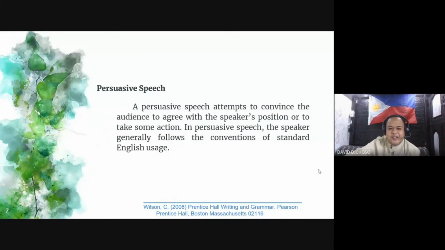When we talk about persuasive speech, this aims to convince the audience to agree with the speaker's position. A persuasive speech is commonly used in debates, in argumentative discourse. It's because you are there to make them believe your side.